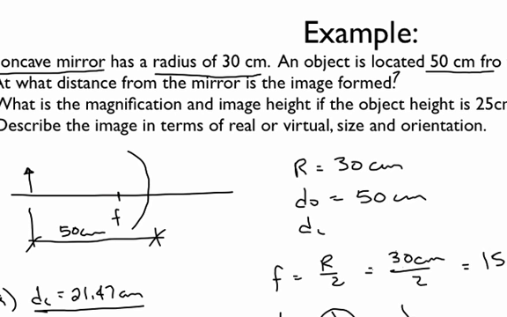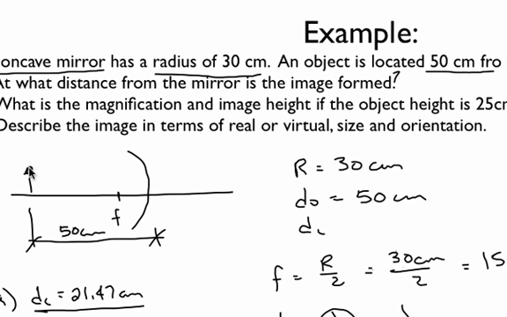So C, we're describing the image. The image is inverted because it is a negative magnification. It's going to be smaller, 10.7 centimeters versus the original 25 centimeters. And lastly, is it real or virtual? It is a real image, and it is a real image because DI came out to be positive.